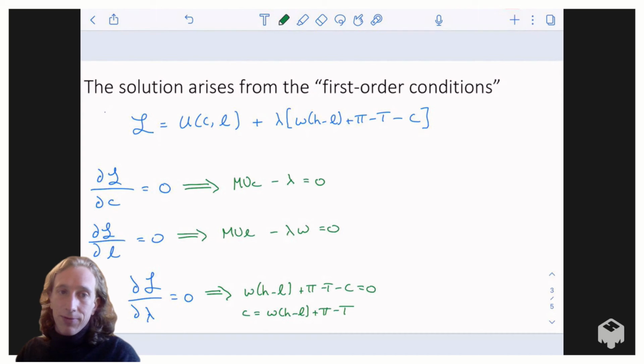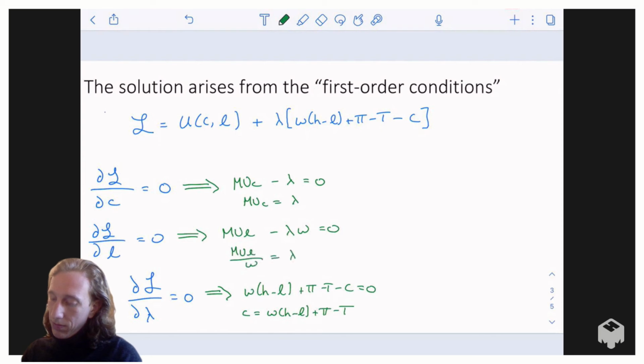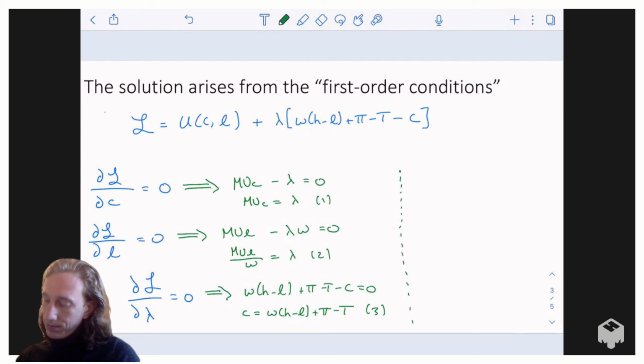And just to preempt what's going to happen next, I'm also going to rewrite our two other conditions. I'm going to take the lambda and put it by itself on the right-hand side. Okay, and so that gives us three conditions, which for clarity, I'm going to write again on the right-hand side here.